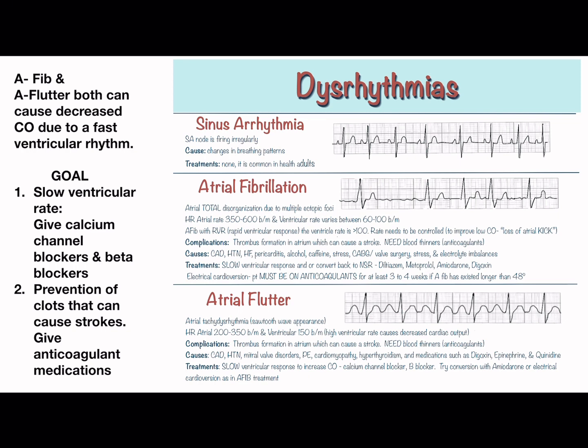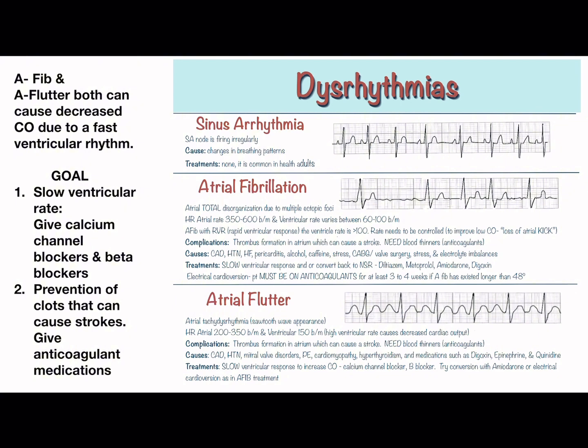So we have to treat them. If we know that their atrial fib or flutter onset was less than 48 hours and they're symptomatic, we can electrocardiovert them. We can try to shock their heart rate back into a normal sinus rhythm. However, if they have had AFib or aflutter longer than 48 hours, they're going to have to be on anticoagulants up to 3 to 4 weeks before we electrocardiovert them.